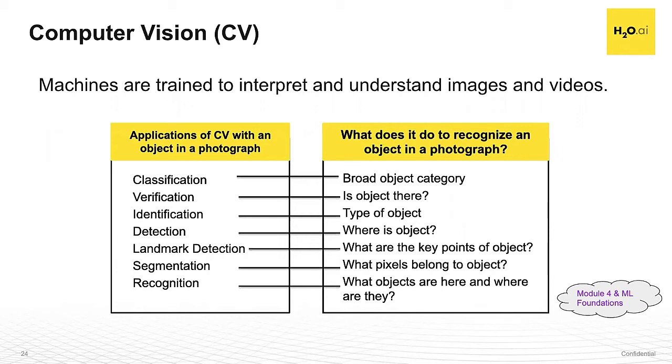If I'm doing verification, is the object that I'm looking for actually in the image? If I'm doing identification, what is the type of object? With detection, where is the object in the image? For landmarks, what are the key points of the object? For segmentation, what pixels belong to the object? So what part of the image is a tree versus a building? And for recognition, what objects are in the image and where are they?